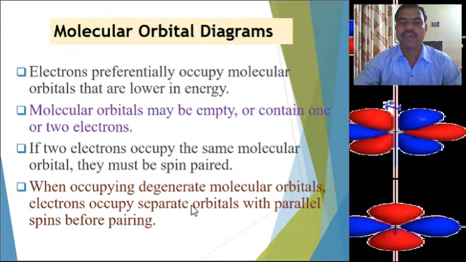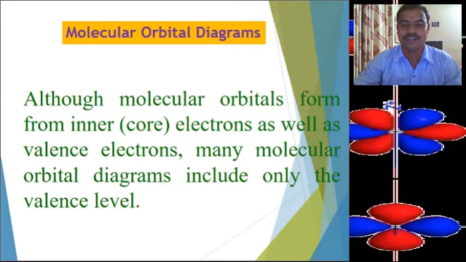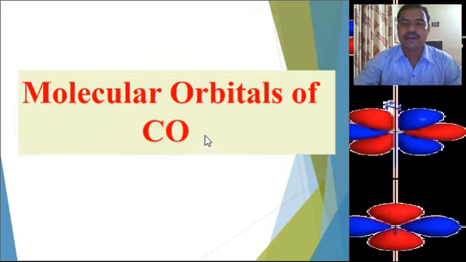When occupying degenerate molecular orbitals, electrons occupy separate orbitals with parallel spin before pairing. Although molecular orbitals form from core electrons as well as valence electrons, many molecular orbital diagrams include only the valence level.